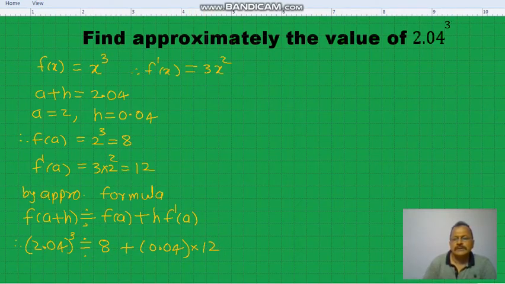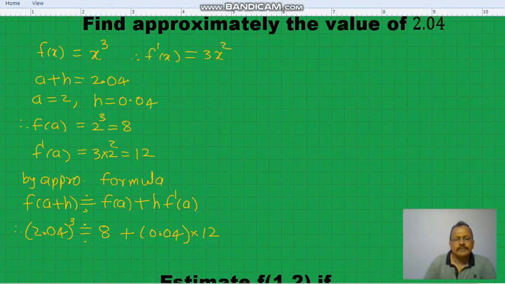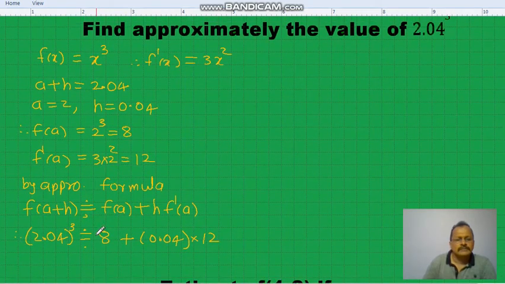So the answer is coming 8 plus 0.48. Final answer is 8.48.